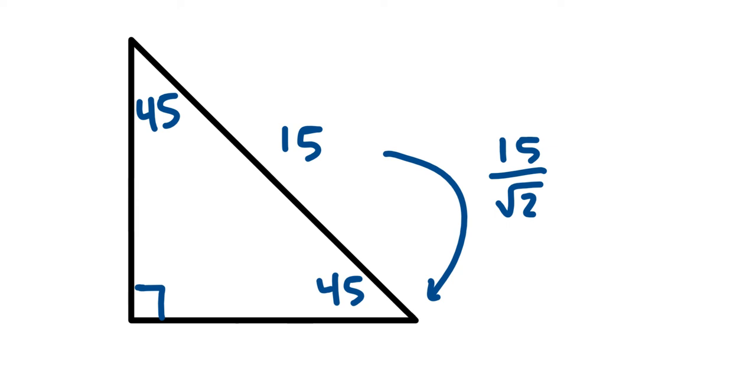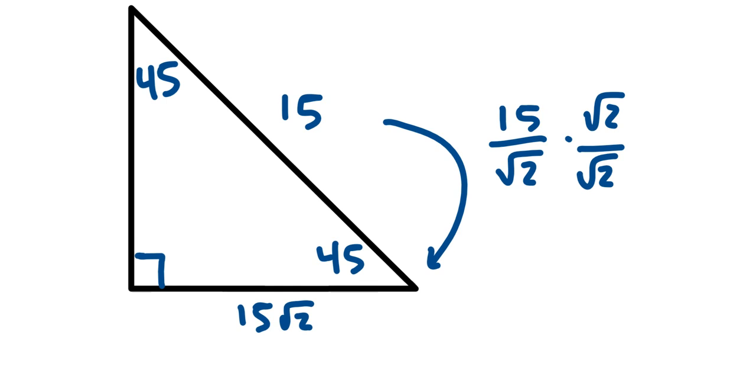So I would simply multiply both the numerator and denominator times the square root of 2. Of course, we're just multiplying by 1, so we're not changing the value, we're just changing the form of our answer. That would give me, in my numerator, 15 times the square root of 2. And then my denominator would be root 2 times root 2, which is the number 2. And I would leave it like this. There's no common factor with 15 and 2, so I just leave it as 15 root 2 over 2.